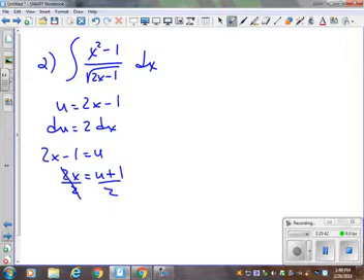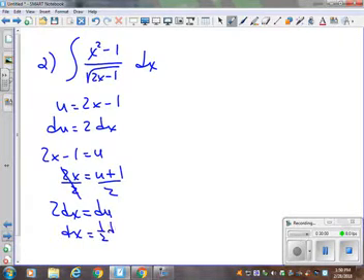So there's what my x is equal to. Now if I solve my dx problem, how do I get rid of this 2 on the dx? Divide by 2. So that's going to turn it into 1/2 du. Because you just flip multiply, right? It's the same thing as dividing by 2.